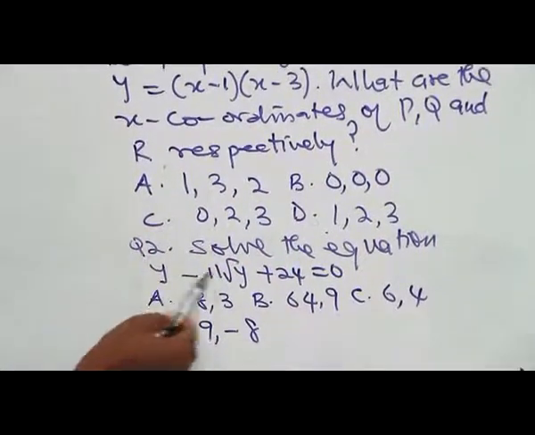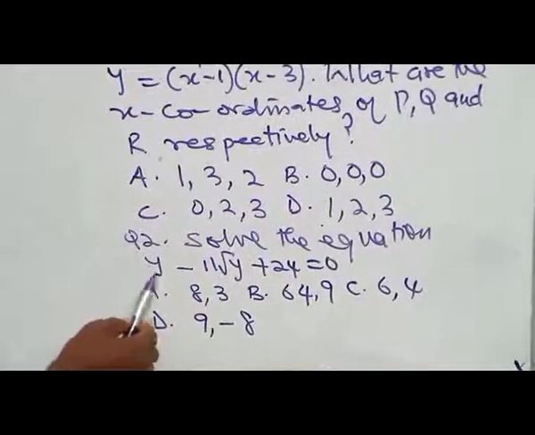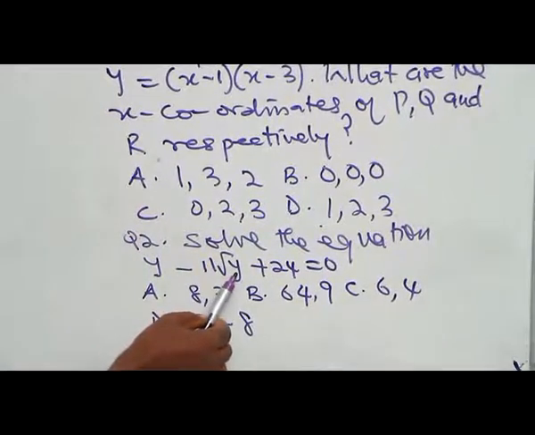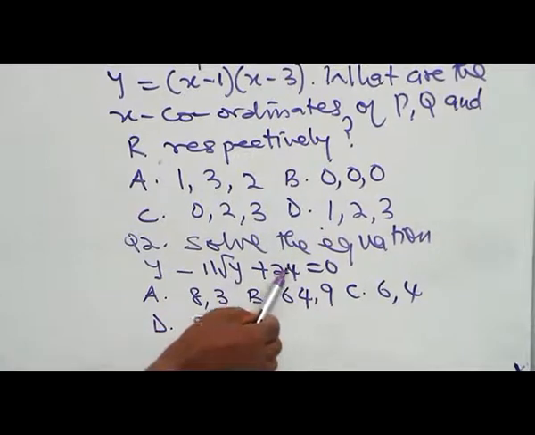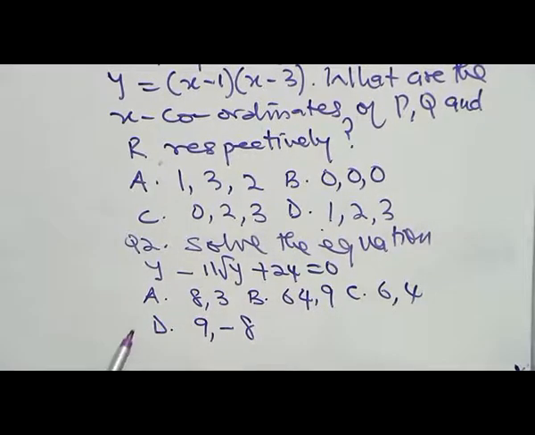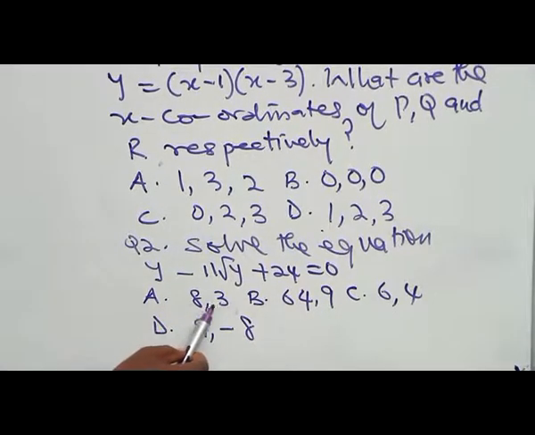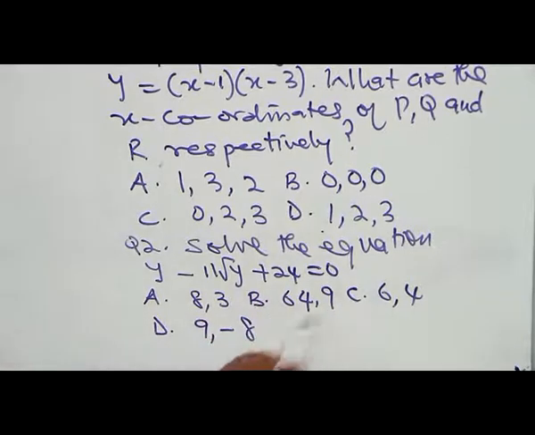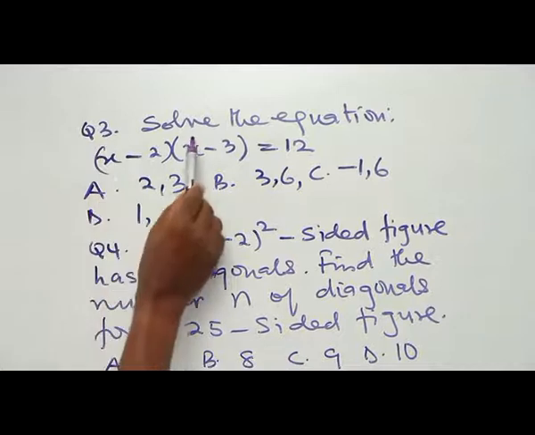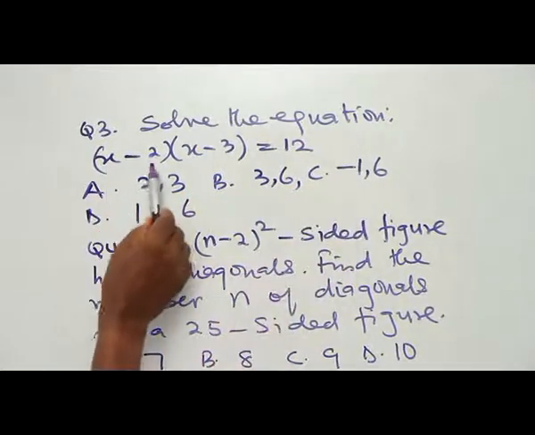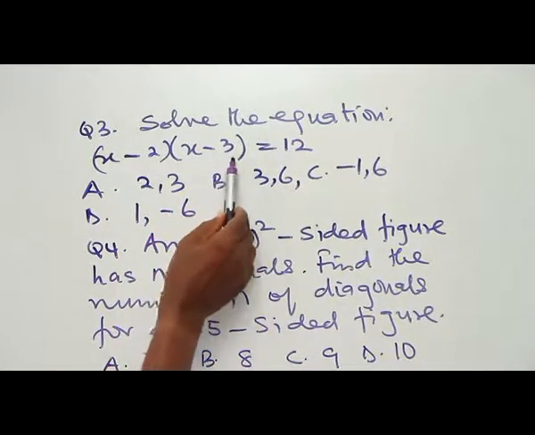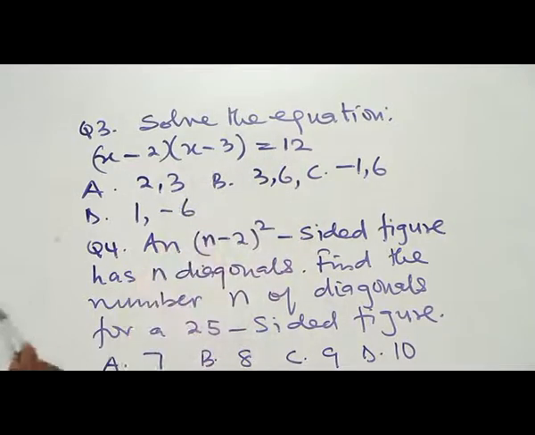Question number 2. Solve the equation y minus 11 root y plus 24 equal to 0. The options are A, B, C, and D. Question number 3. Solve the equation s minus 2 into s minus 3 equal to 12.